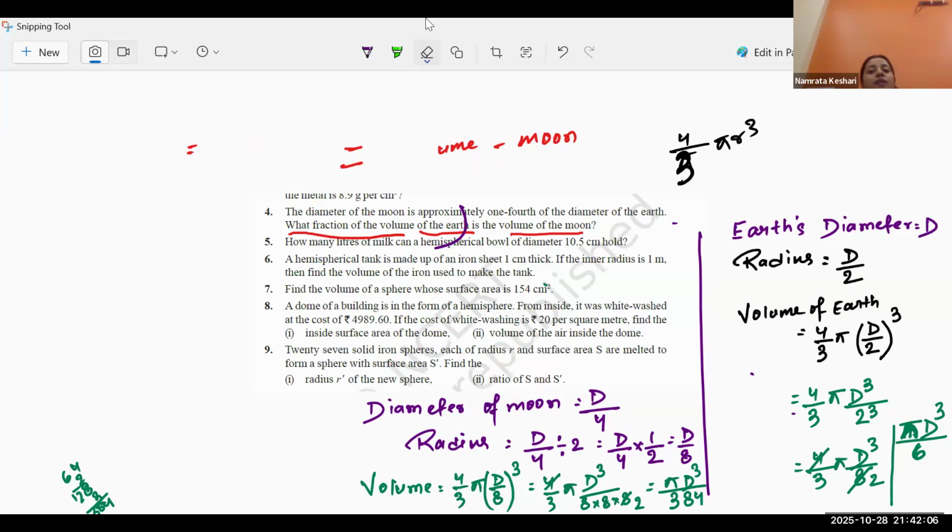So that directly we will get the fraction and we will not get confused doing the reciprocal and all. So let's do volume of moon by volume of earth.